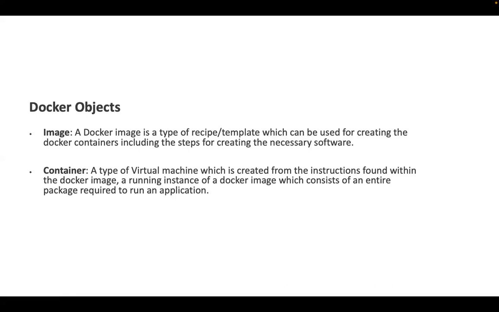In that image, there is actually a bundle of the things we need. It's a template which contains all the instructions which an application needs to run in a container.